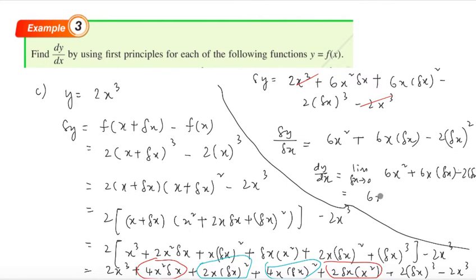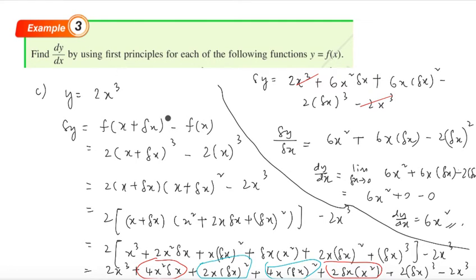So equals to 6x squared. Delta x is substituted 0, no more. This one multiply 0, no more. So dy dx equals to 6x squared. Done. So this one we're using first principle, you find the answer.